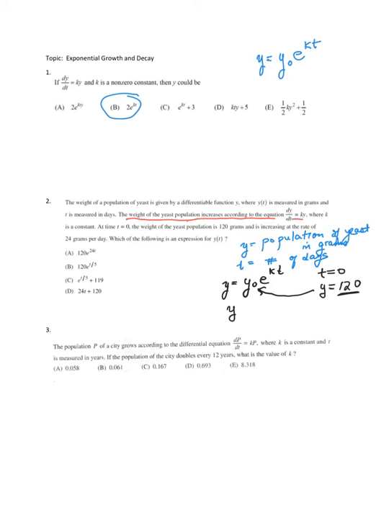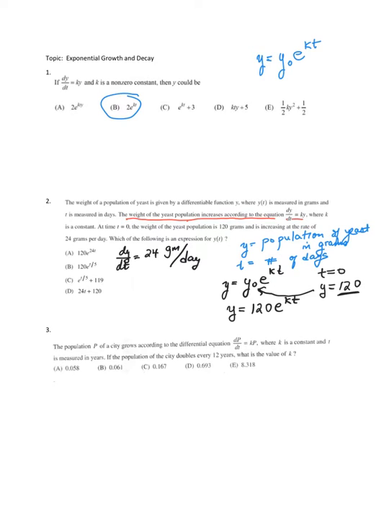So now my equation becomes this. Okay, so the weight of the yeast population is 120 grams and is increasing at the rate of 24 grams per day. Okay, so this is interesting. We know that dy dt is equal to 24 grams per day.